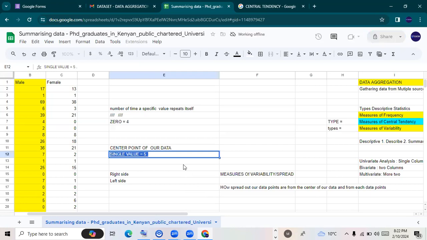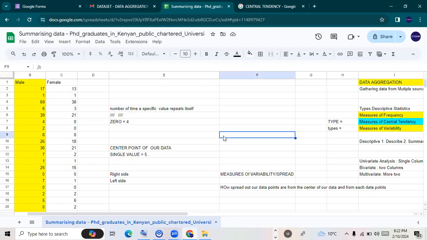So after the center is identified, then we look at, okay, now we are using 5 over here, right? We don't want to confuse ourselves with the columns over here, the male and the female. But we are assuming that looking into a data, let me set an example here: 2, 3, 2, 4, 5, 7, 8, 9, 4.